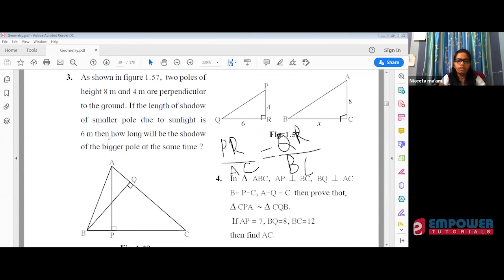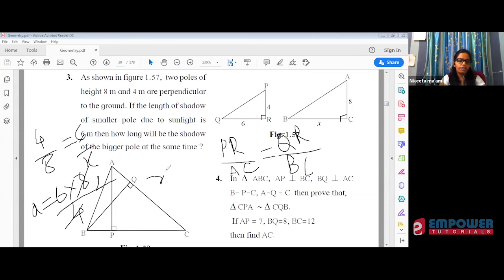So this is 4 upon 8 will be equal to, QR is how much? 6 upon X. So X will be equal to 6 into 8 upon 4, that is X is equal to 12 meter.